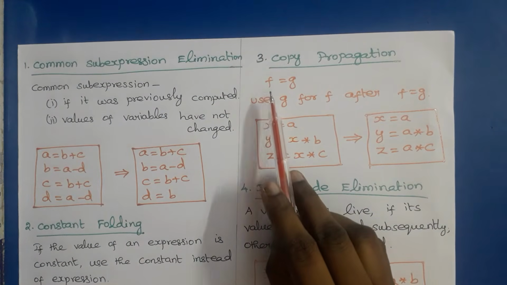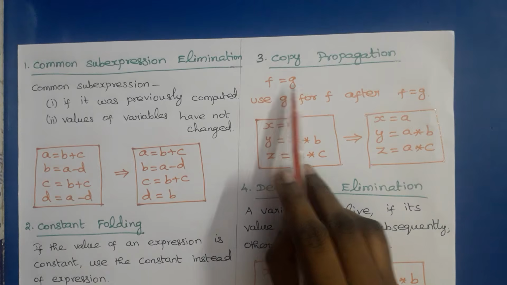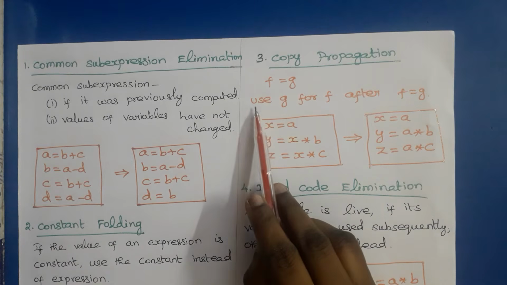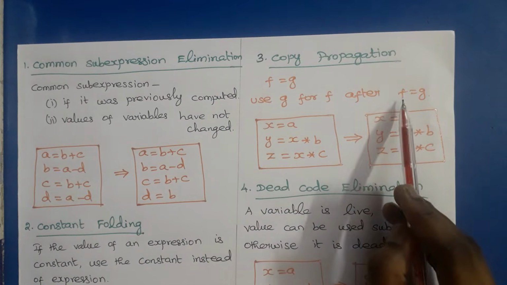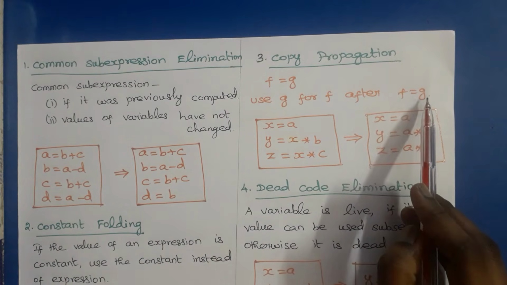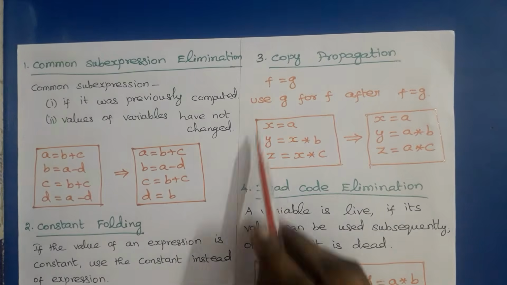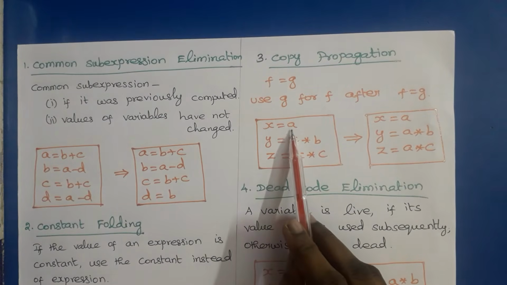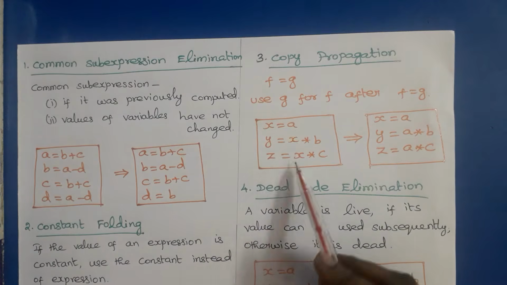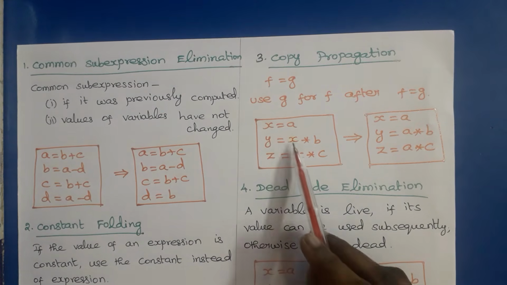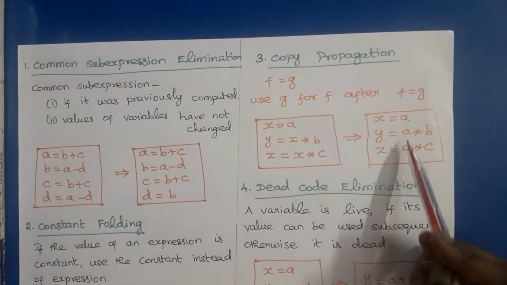If we have a copy statement like f equals g, then we can use g for f wherever possible after the copy statement f equals g. In this example, x equals a is a copy statement, and in the same block, instead of x in these two lines, we can use a.